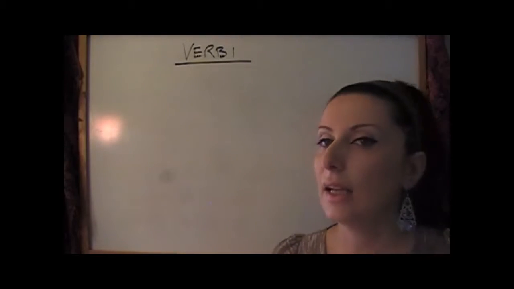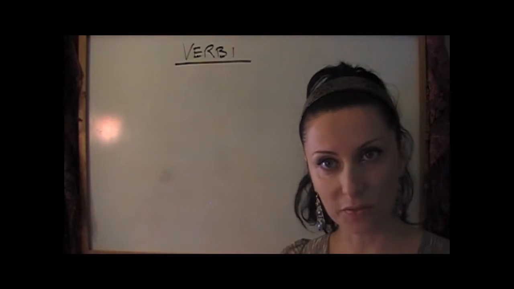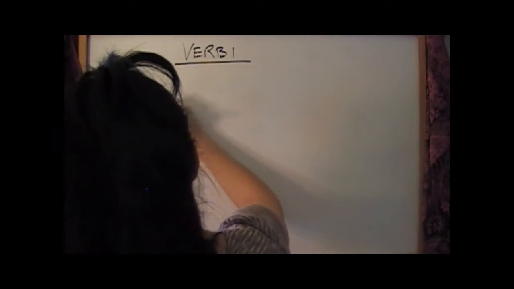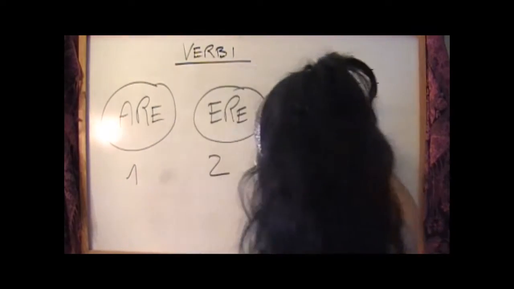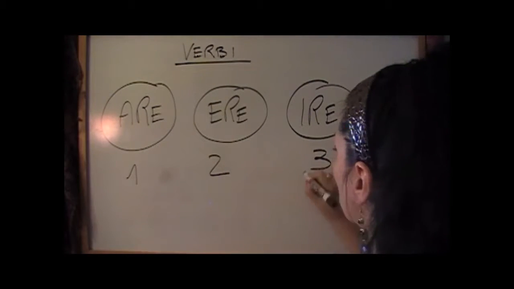All the verbs in the infinitive form in Italian can end in -are, first group; -ere, second group; or -ire, third group.